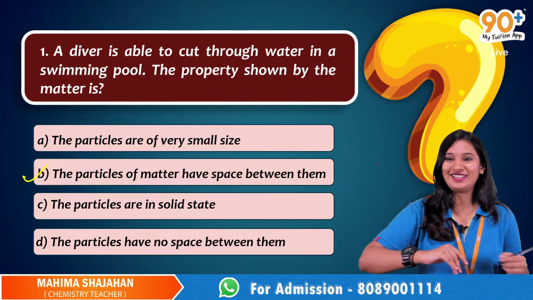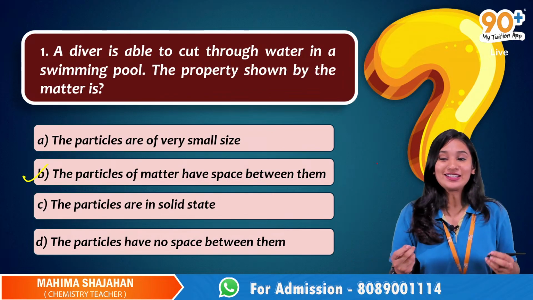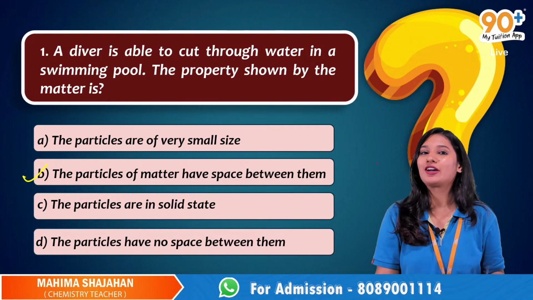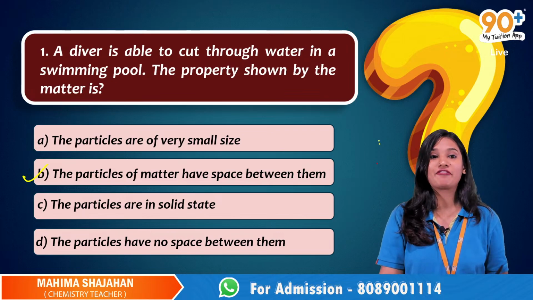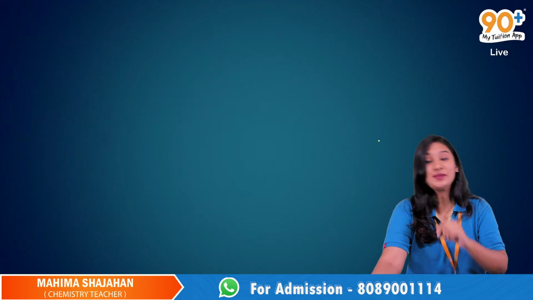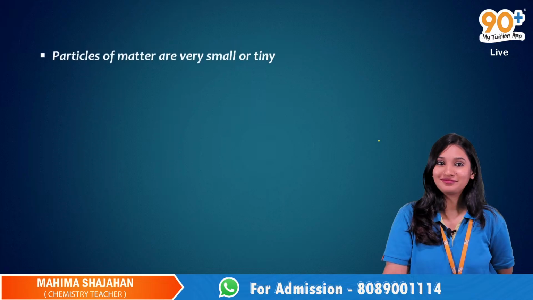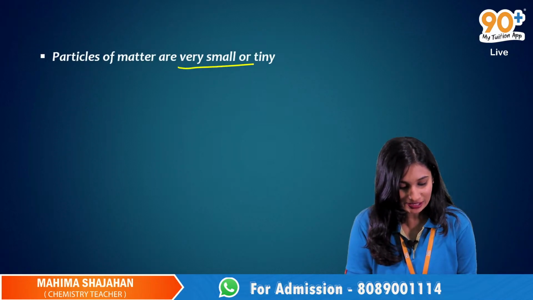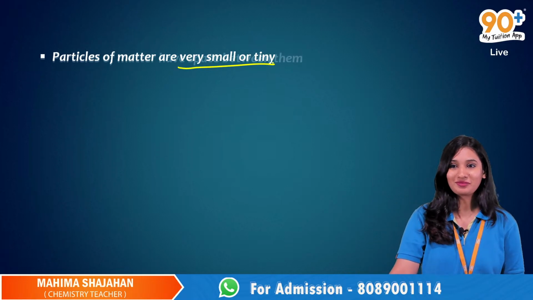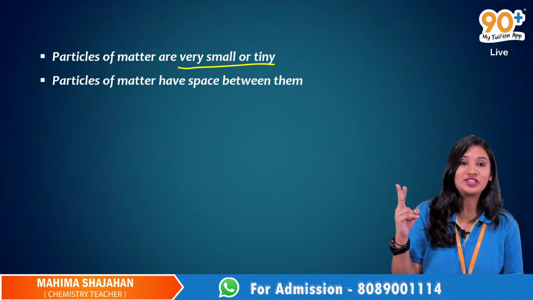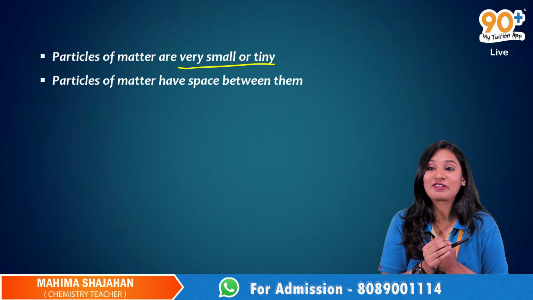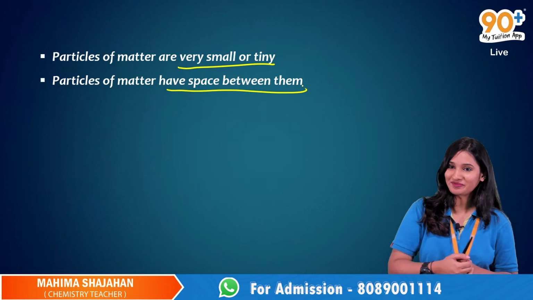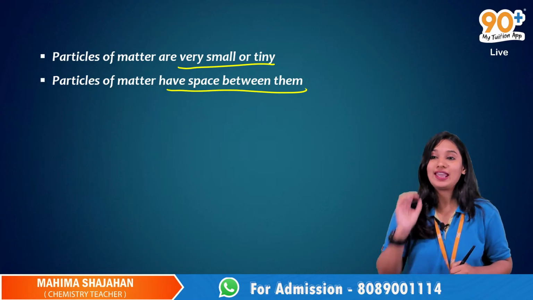So we already discussed the characteristics of particles of matter. What were the properties? The particles of matter are very small or tiny. What was the second characteristic? The particles of matter have space between them.